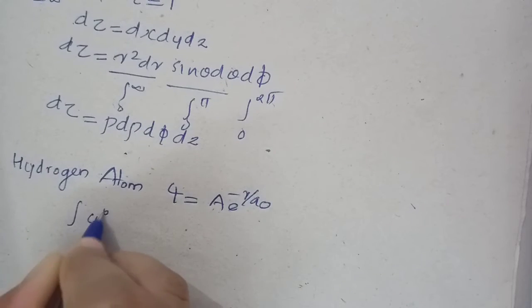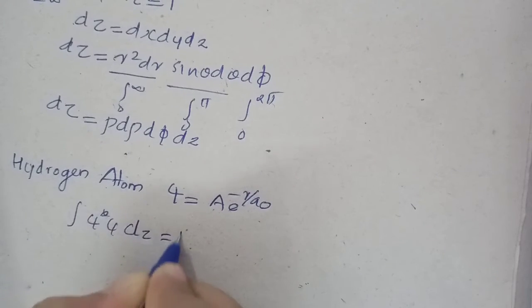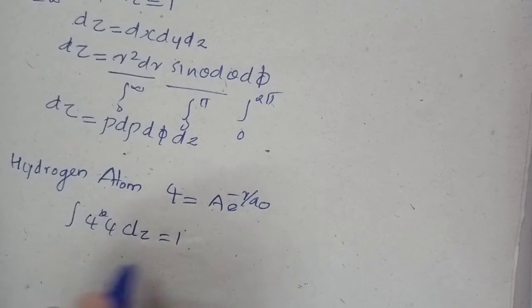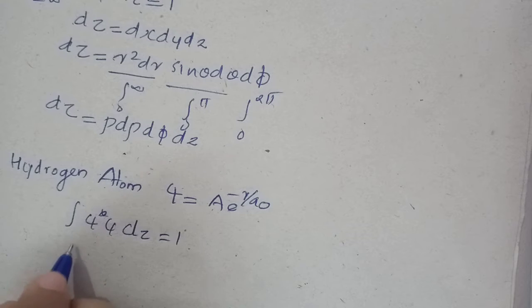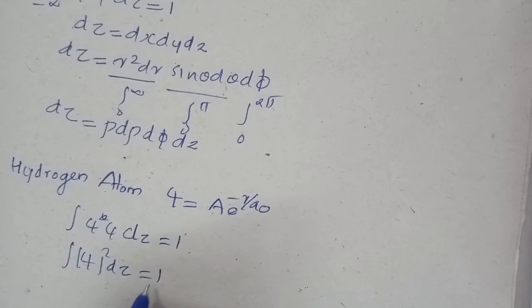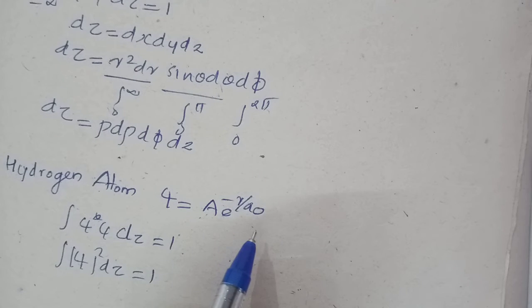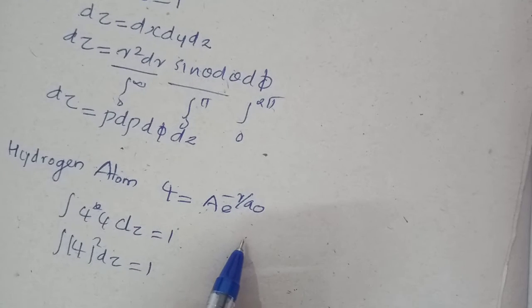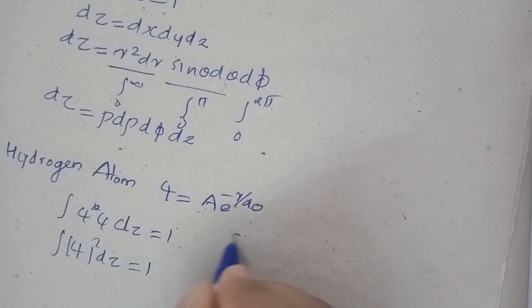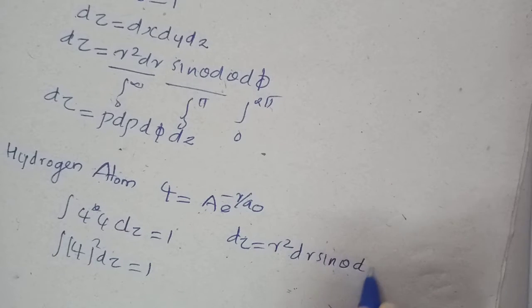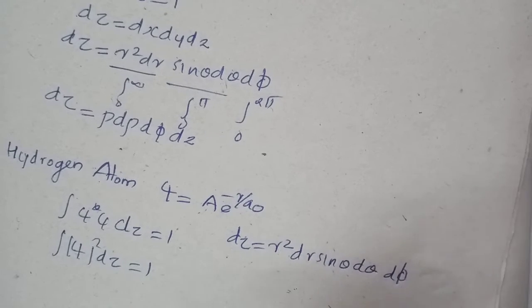So we know that the integral of psi star psi d tau is equal to 1. Psi star psi means mod psi squared because it is real. So mod psi squared d tau is equal to 1. This is in terms of r, and we know that it is a spherical coordinate system, so d tau is equal to r squared dr sin theta d theta d phi.